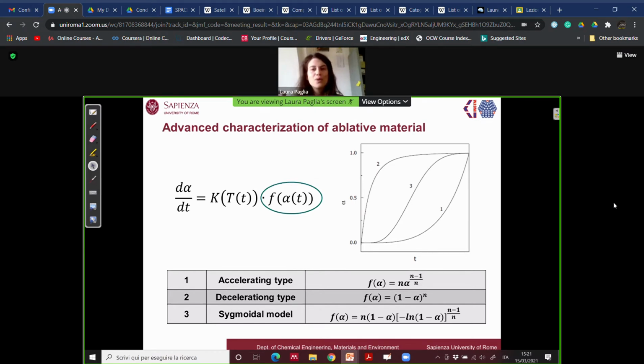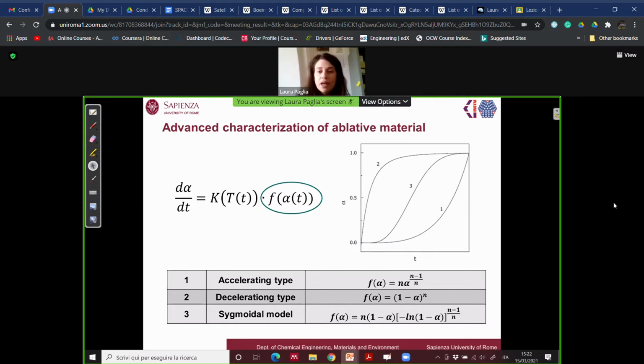During the lesson we will see that there are some experimental evaluations that we can use in order to understand the trend of alpha. So according to some experimental analysis, we can understand the best way to express f of alpha. Okay, thank you.